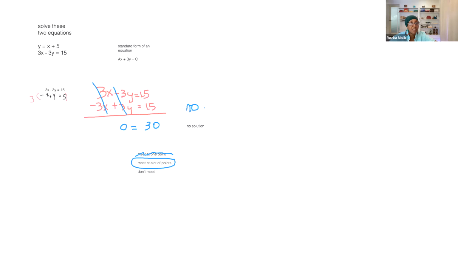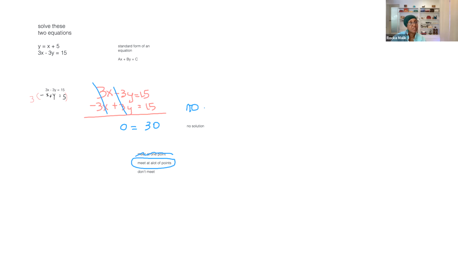Cause all I did to this was multiply by 3, and I got this thing, so I'm meeting at a lot of points on the same exact line. So how can you write that mathematically? Then you say, some textbooks say inconsistent solution.